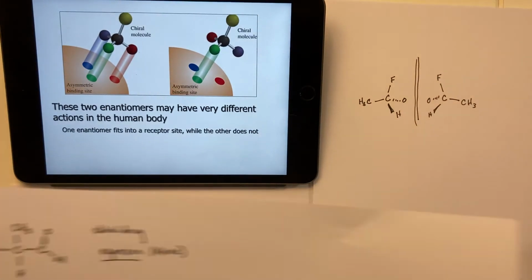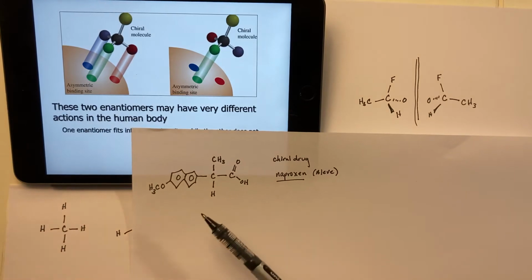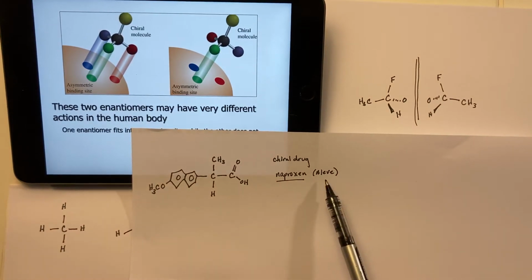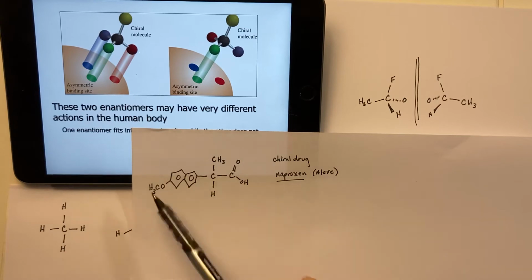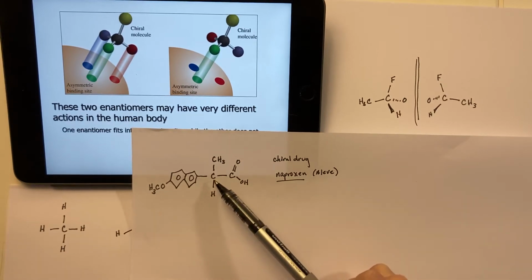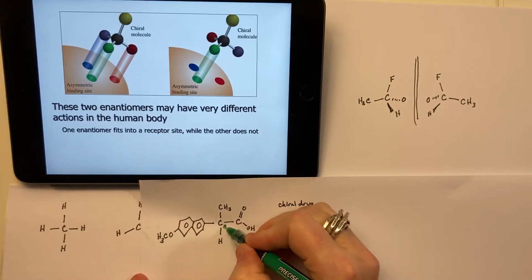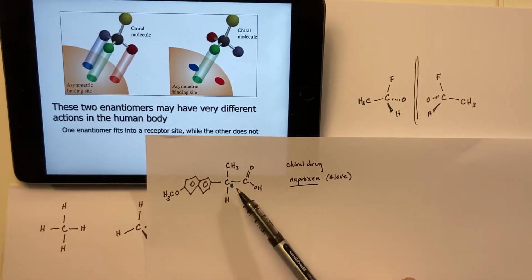So for example, here is a picture of a drug that's well known. It's the active ingredient in Aleve, which is an analgesic, naproxen. So the name of the drug is naproxen. And there's a carbon right here that we should put a little asterisk or star by, because that carbon is a chiral carbon.